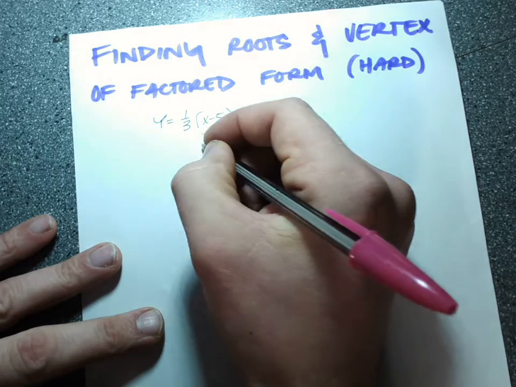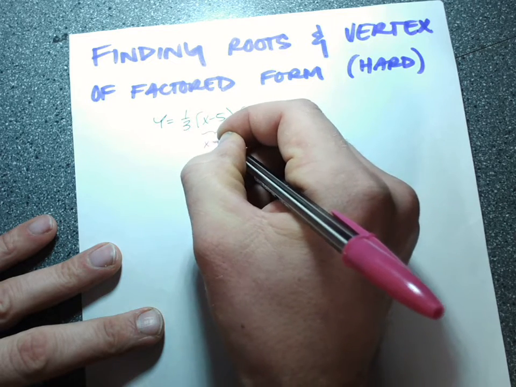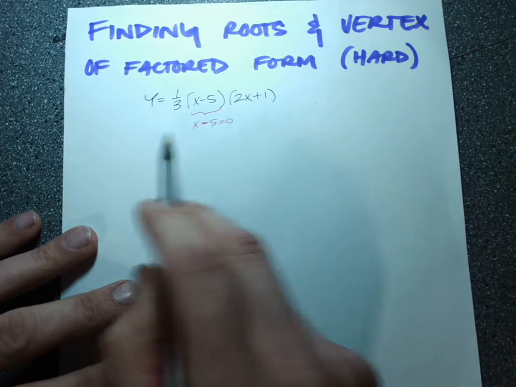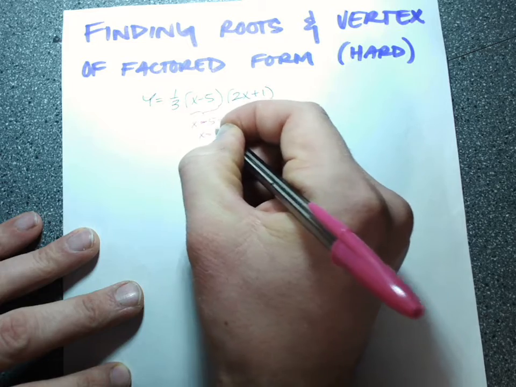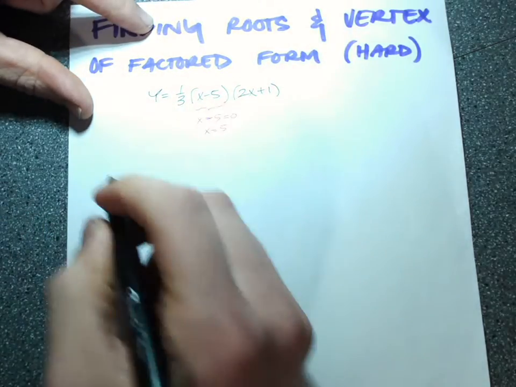So the first root occurs when this factor, x minus 5, is 0. Then everything will become 0. If we solve for that, that occurs when x is the number 5. So the first root comes from that first factor.